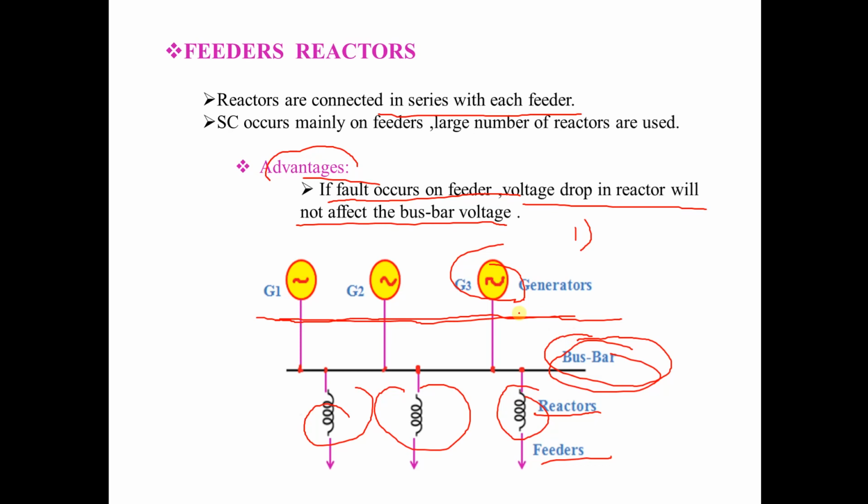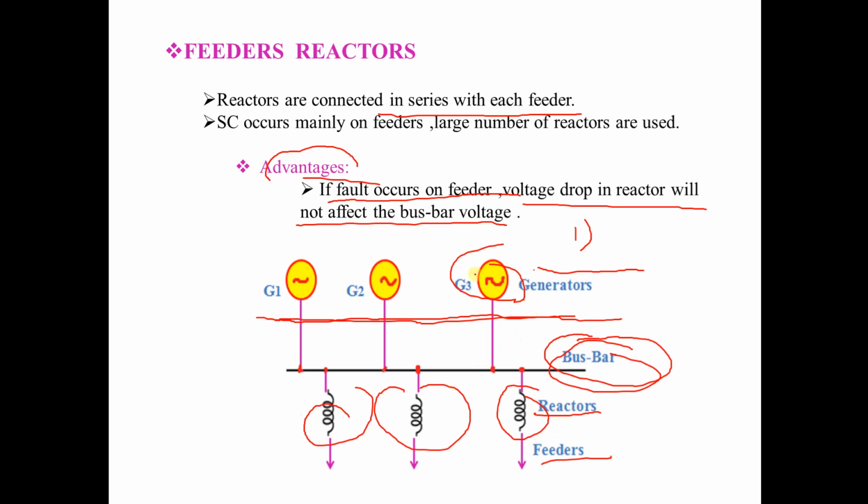Okay, and this is considerable leakage reactance, to enable them to withstand short circuits at their terminals. And the last one: if the number of generators is increased, G3, G4, the size of the feeder will have to be increased to keep the short circuit current within the rating of the feeders.